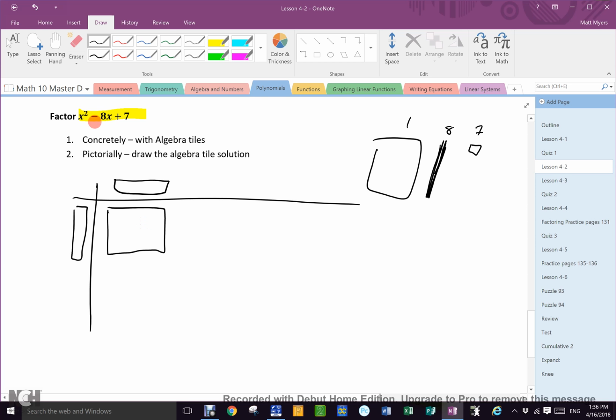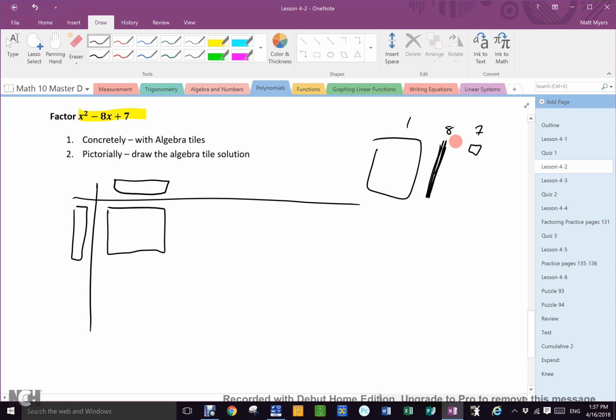Now, how will I make some negatives if I only have positives right now? I'm going to need some negatives outside, aren't I? Right? I've already got positives outside, so I'm going to need some negatives outside, correct? Everyone agree? So we've already dealt with the x squared.